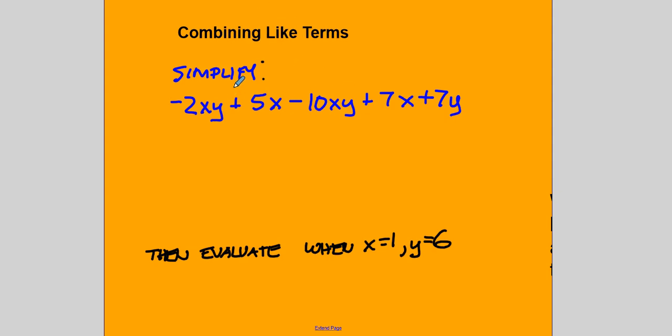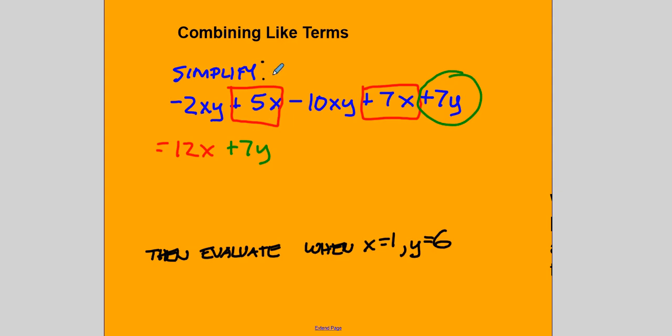So I have 5 x's here. I have 7 x's here. So 5 and 7 makes 12x. So now I only have one y right here. So I have a 7y.